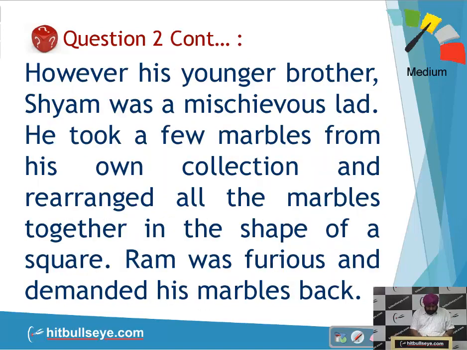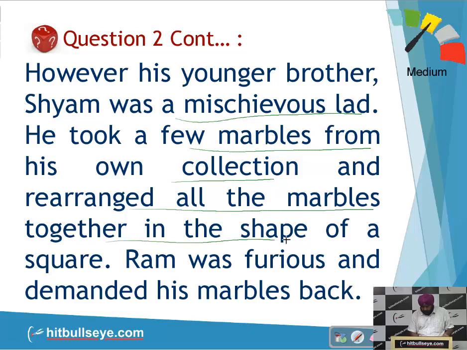The question continues. Please read it. His younger brother, a mischievous lad, took a few marbles from his collection and rearranged all of them in the shape of a square. So initially Ram had some marbles. He arranged them into the shape of an equilateral triangle such that the first row contained one marble, the second row contained 2 marbles, and so on.